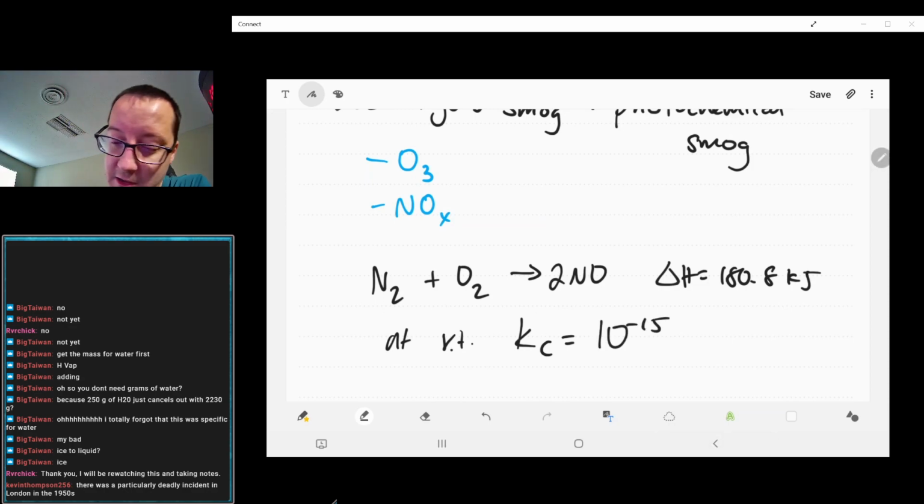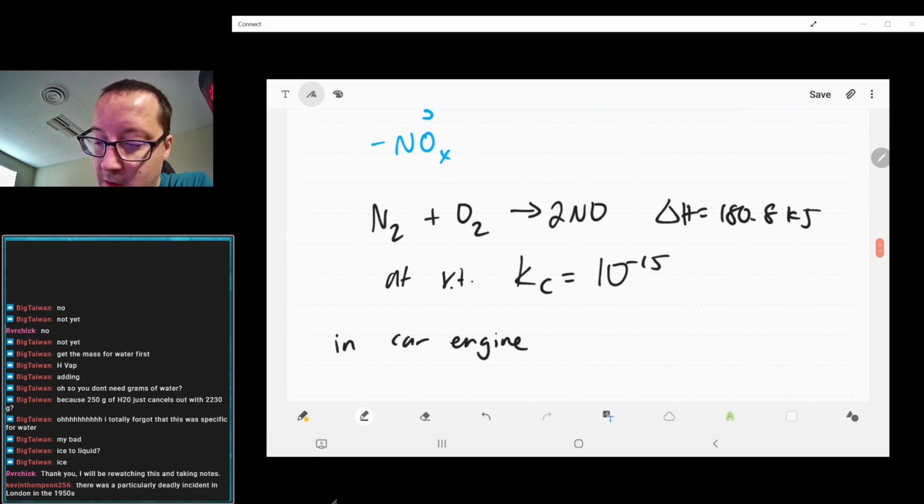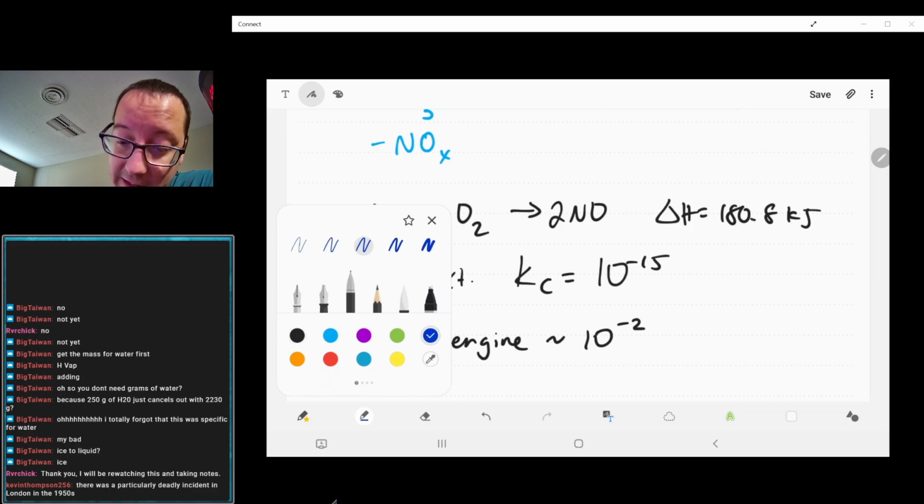But in a car engine, this rises to a Kc of about 10 to the minus 2. As you can imagine, that's a very big difference, right? 10 to the 13th there. So we're going to end up producing a lot of this nitric oxide.